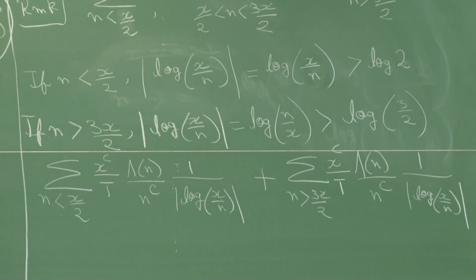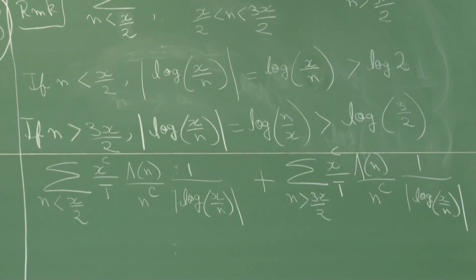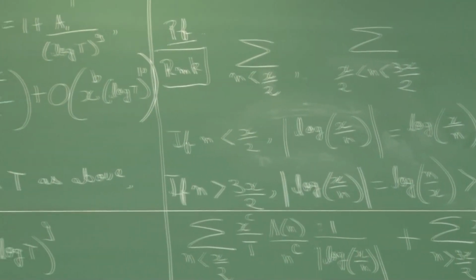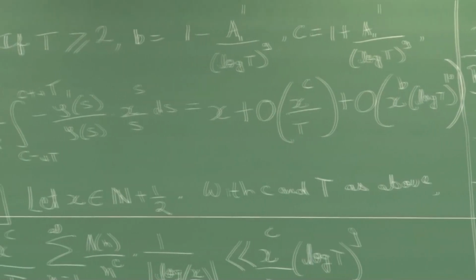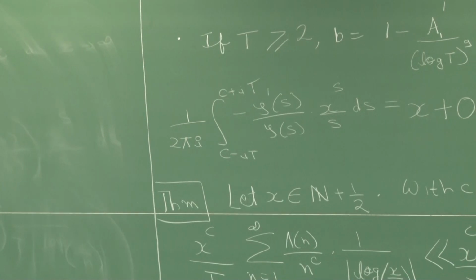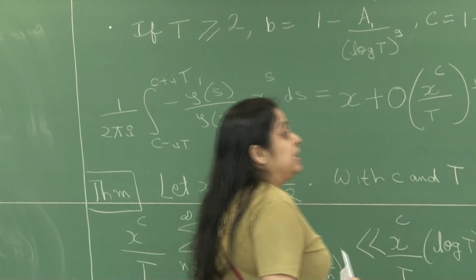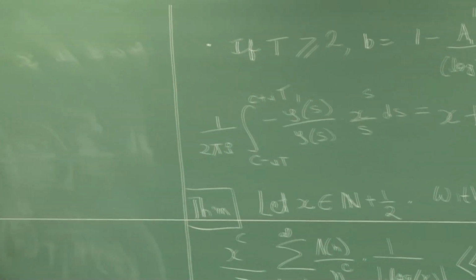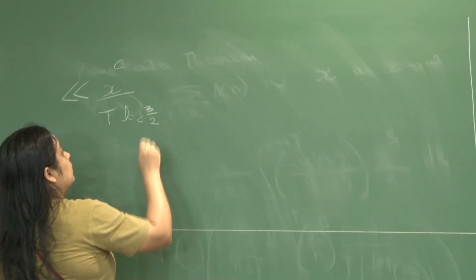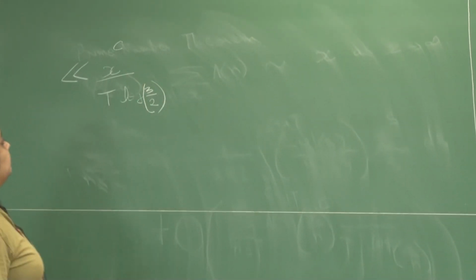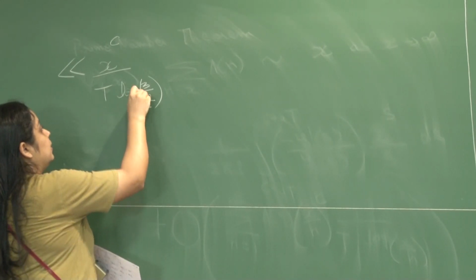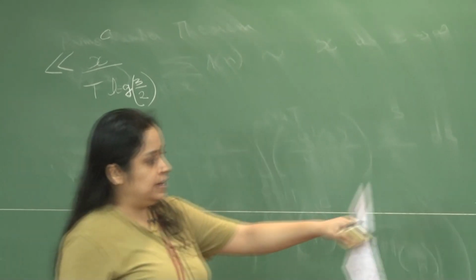When you combine these, what happens? This is certainly less than x raised to the c over capital T, and in both these regimes 1 over absolute log of x by n is bounded above by 1 over log of 3 halves. So in fact this is a very specific constant. It will get absorbed in the O estimate, but let's write it for now.